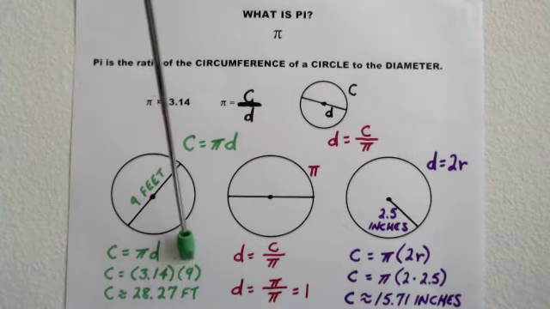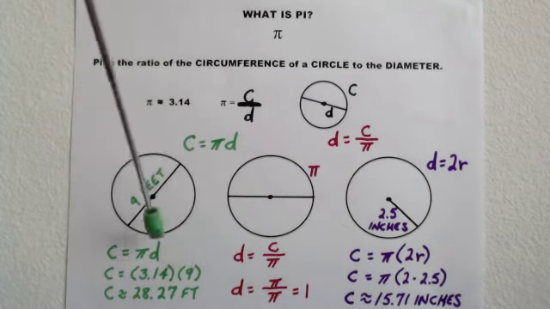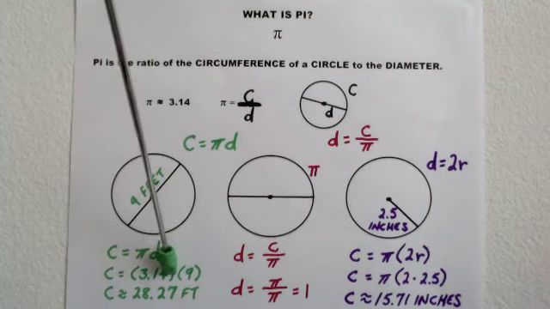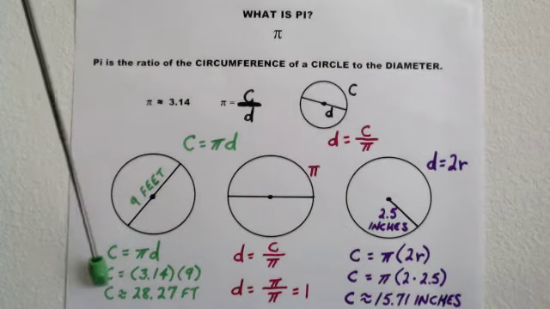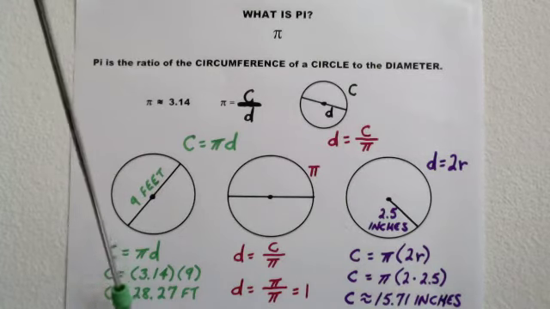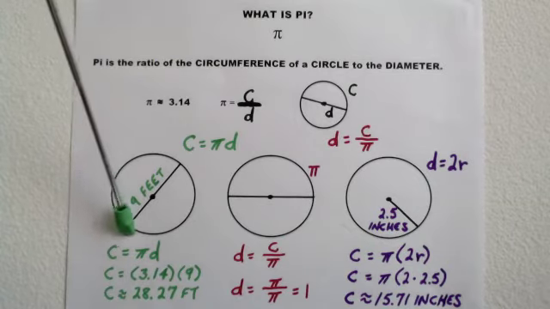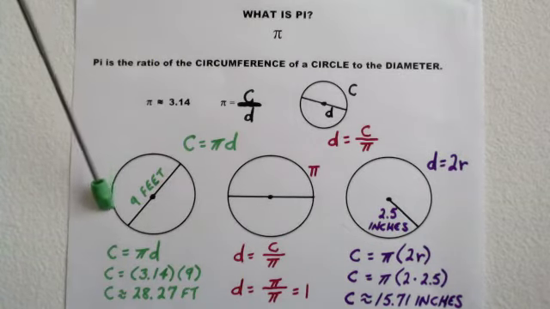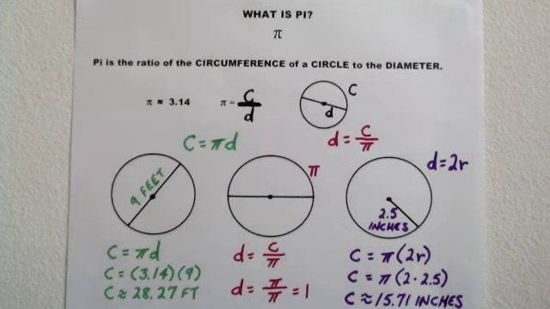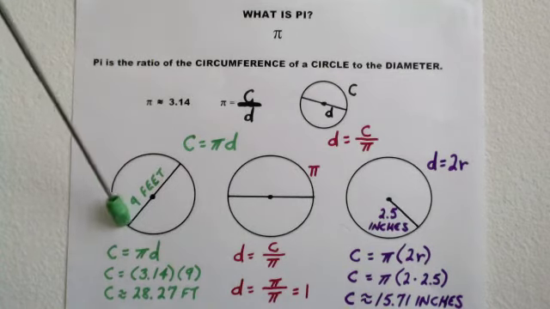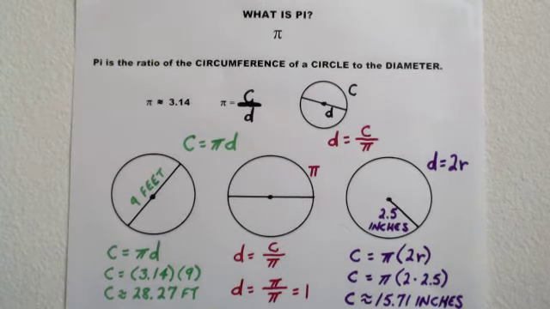The feet units came from 9 feet. There were no units on the number pi. So the circumference is approximately equal to 28.27 feet. Remember, the circumference of a circle is a little more than 3 times the diameter of a circle.